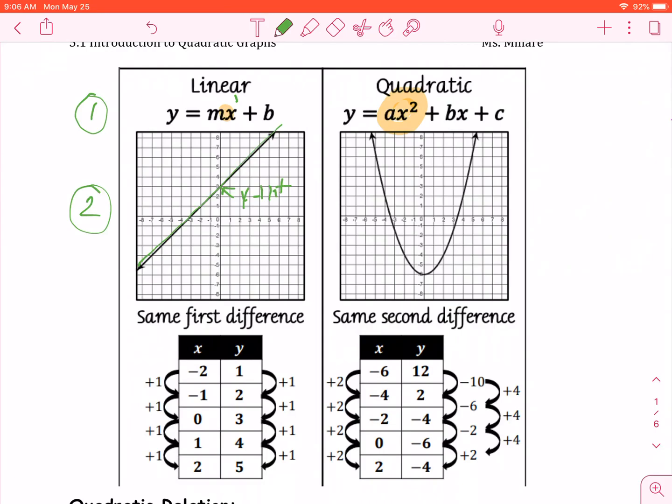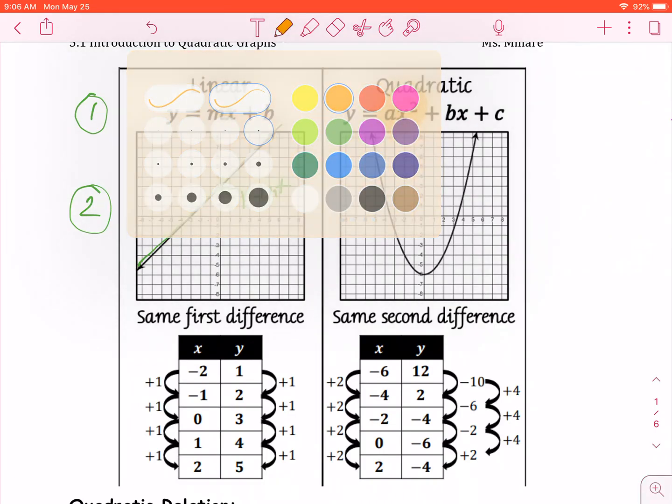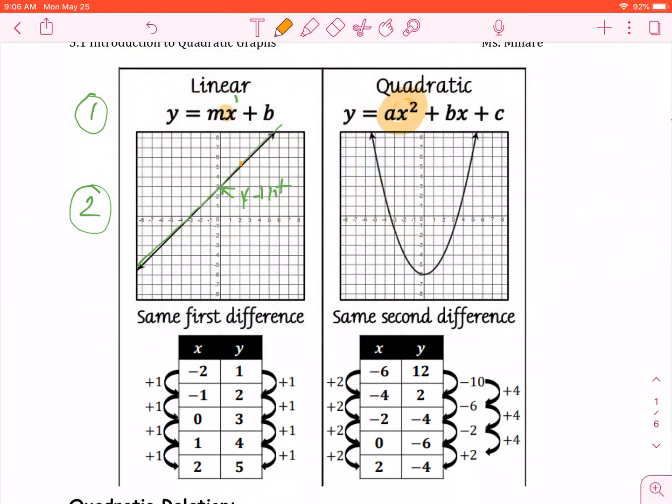And if we were to calculate its rise over run, we can take any two good points, up 1 over 1, up 1 over 1. So that means that m is 1. If we put that information together, we could even make an equation in our linear form of y equals 1x plus 3. We did that earlier in the year.